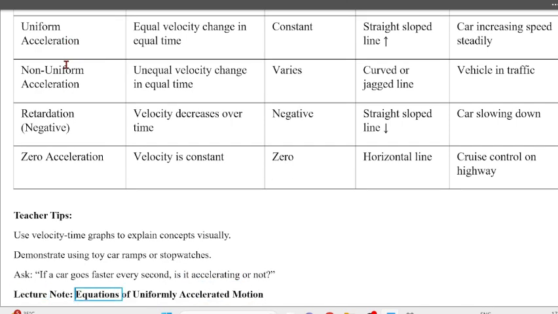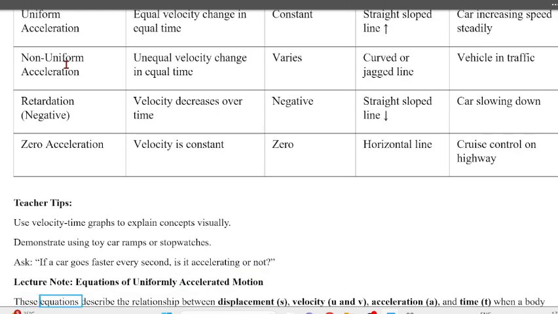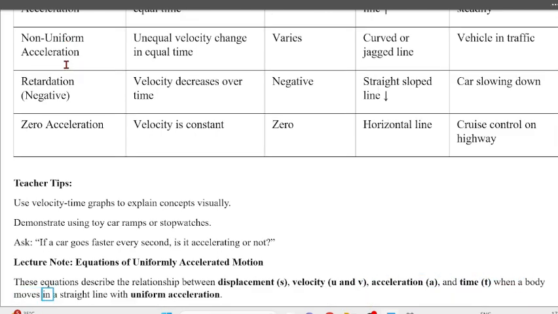Lecture note: equations of uniformly accelerated motion. These equations describe the relationship between displacement s, velocities u and v, acceleration a, and time t, when a body moves in a straight line with uniform acceleration.